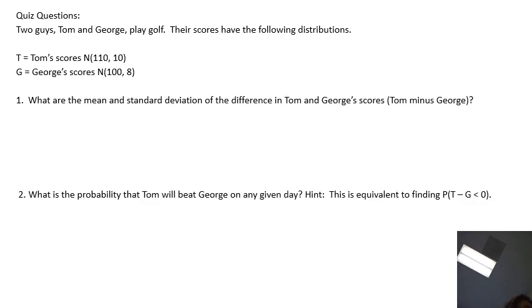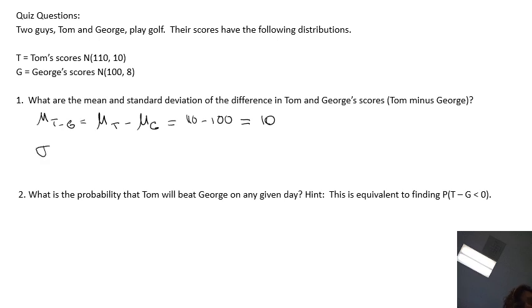Okay, another example, looking at the difference in Tom and George's scores, Tom minus George. So the mean of Tom minus George is just the mean of Tom minus the mean of George. The mean of Tom is 110, subtract 100 for George is 10.